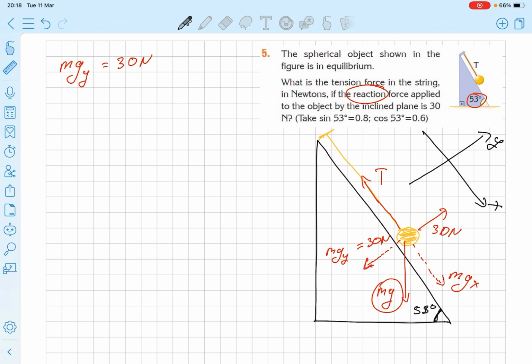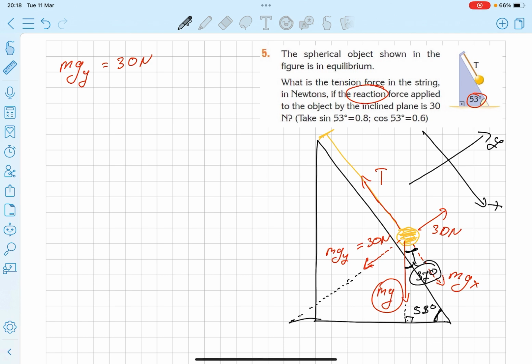If I continue this mg vector till this point, as you see here, it's making a 90 with the actual horizontal line. That means this angle, or even this angle, is 37 degrees. So that means now we know the angle with the horizontal.